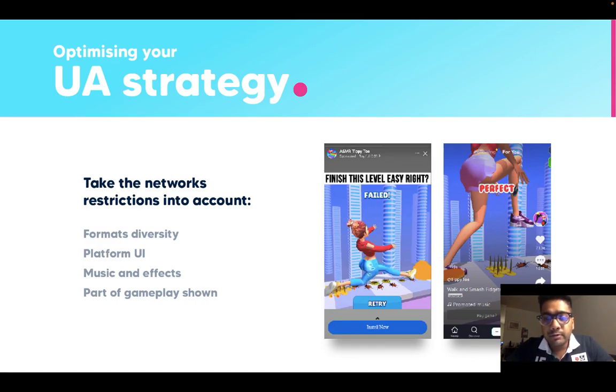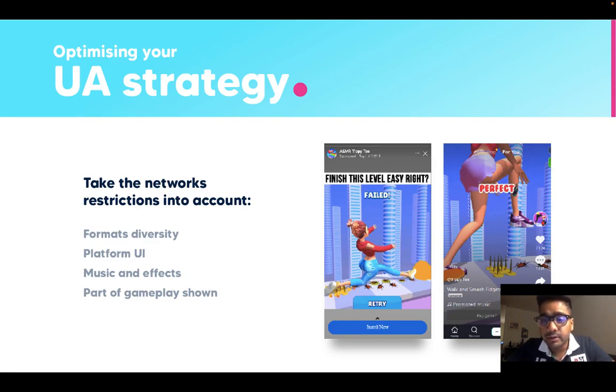It's also important to branch out the creatives on a maximum of the networks that are being deployed in the user acquisition, to understand that you are able to diversify in terms of the user acquisition strategy and in terms of the creatives as well.